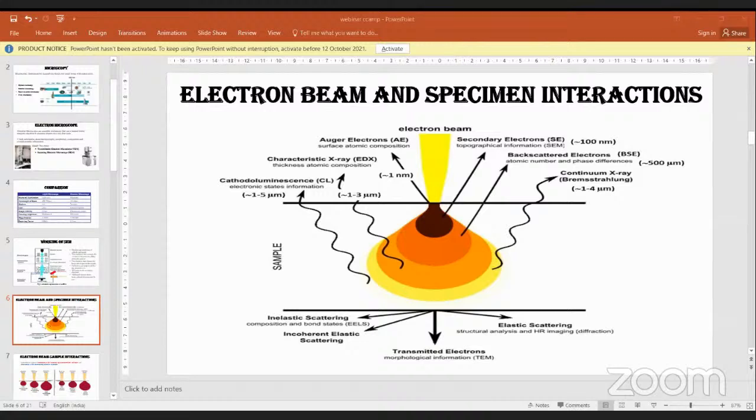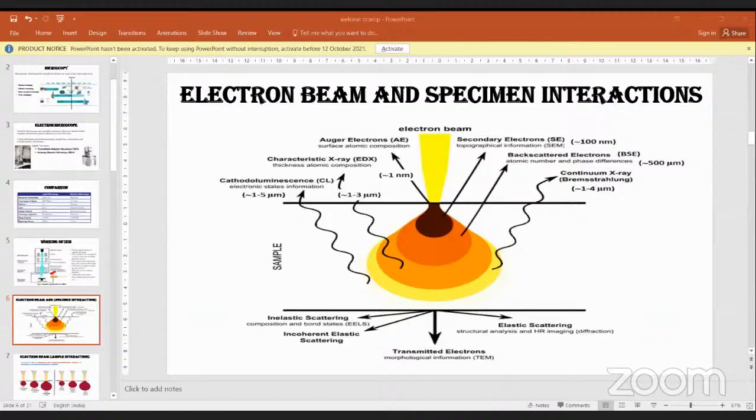So in the SEM, we are focusing on these signals. These signals are imaged while using transmission electron microscopy. The electron beam and sample interaction depends upon the accelerating voltage and the atomic number of the sample elements. The interaction volume increases with increasing accelerating voltage.